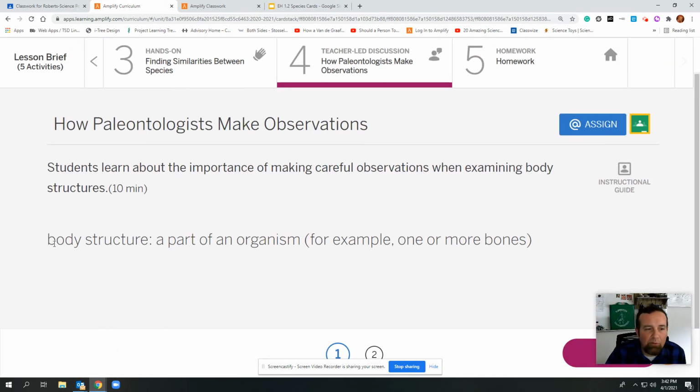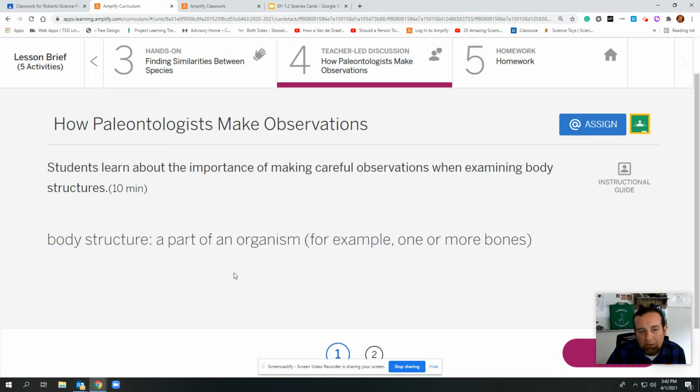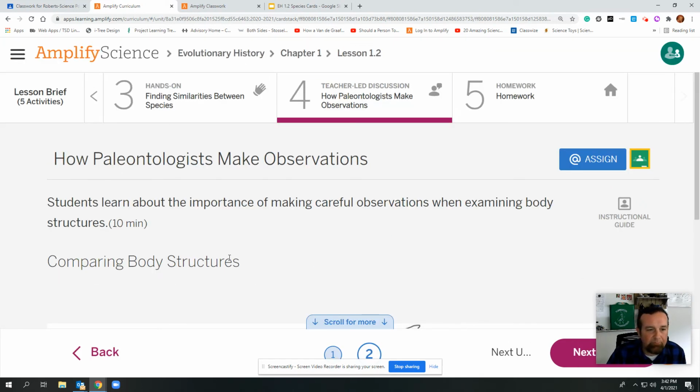So part 4, we've got another vocabulary word, or phrase: body structure. And that's just a part of an organism. One or more bones, could be like we just did in our hands-on, could be legs, could be wings. What's the overall body structure of this organism?